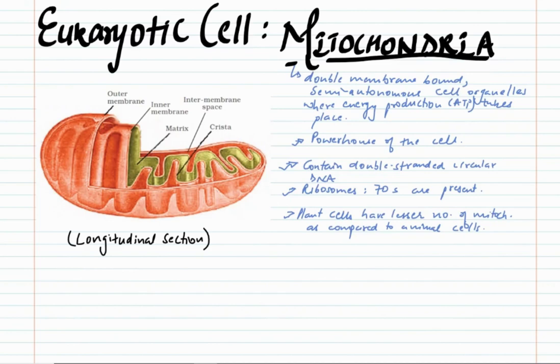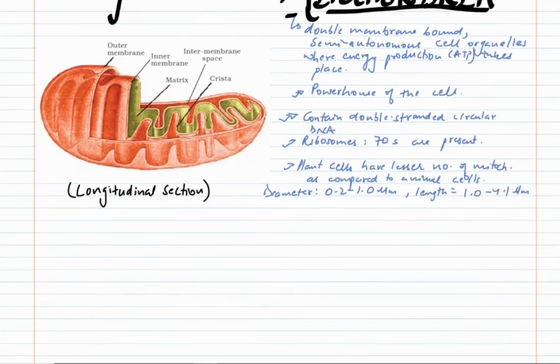Now the number of mitochondria depends upon the physiological activity of the cell. More active the cell is, more will be the number of mitochondria inside the cell. The usual diameter is around 0.2 to 1.0 micrometer and length is around 1.0 to 4.1 micrometer.